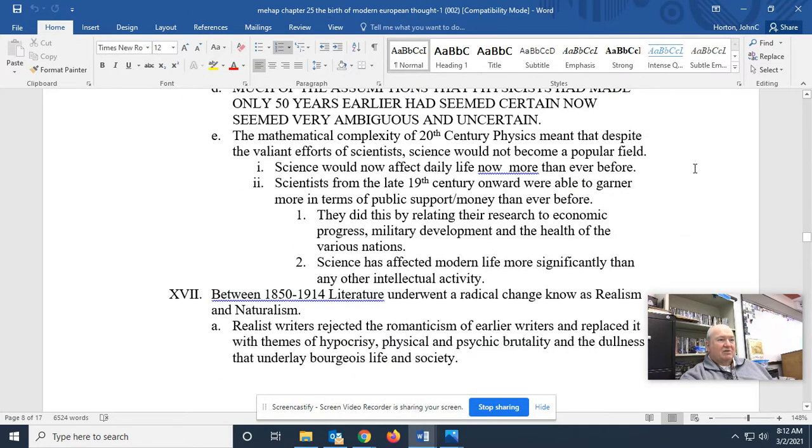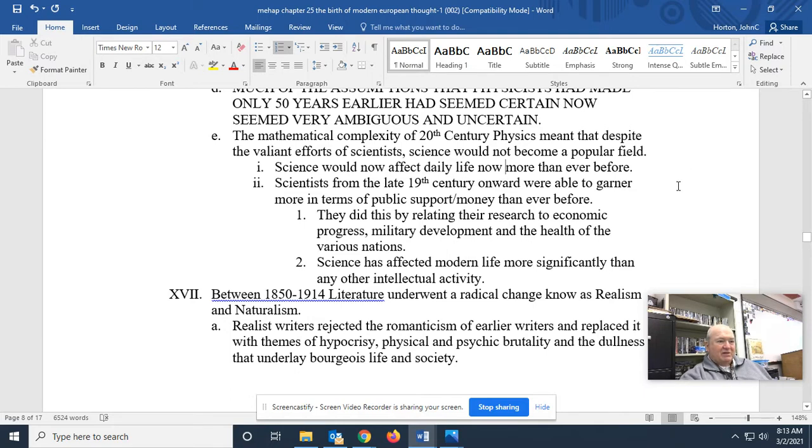The mathematical complexity of 20th century physics meant that despite the valiant effort of scientists, science would not become a popular field. Why? It's difficult. But science would affect daily life now more than ever before.